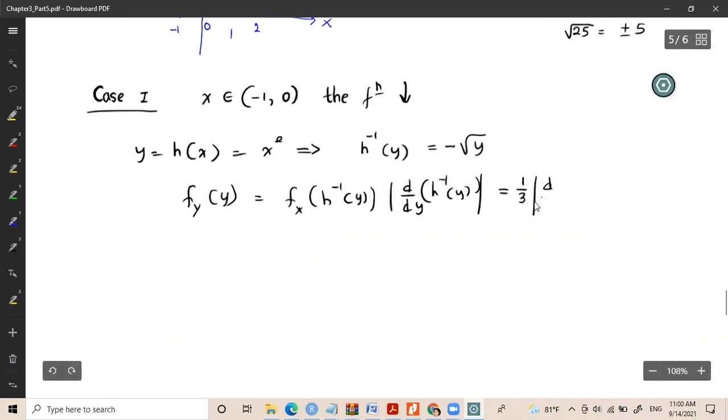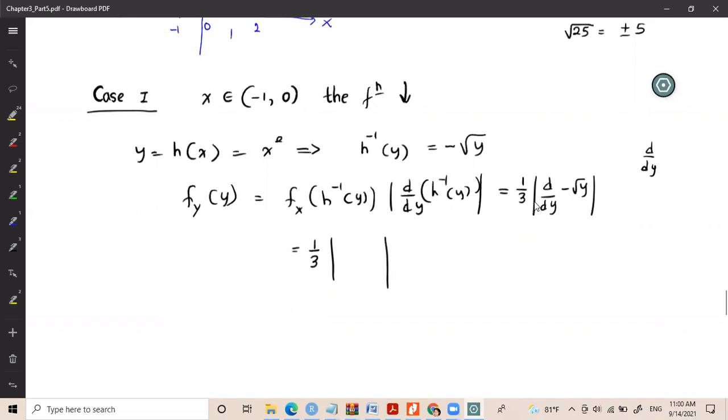And then you have to get the first derivative of negative square root of y. Right? So what is the answer? You get 1/3, absolute value of what? You know how to get the derivative of a square root, right?